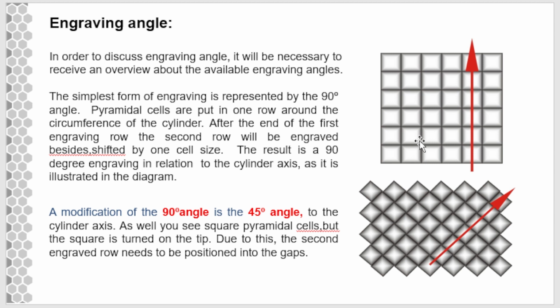The modification of the 90-degree angle is the 45-degree angle to the cylinder axis. Here you also see square pyramidal cells, but the square is turned onto its tip. Due to this, the second engraving row needs to be positioned into the gaps.